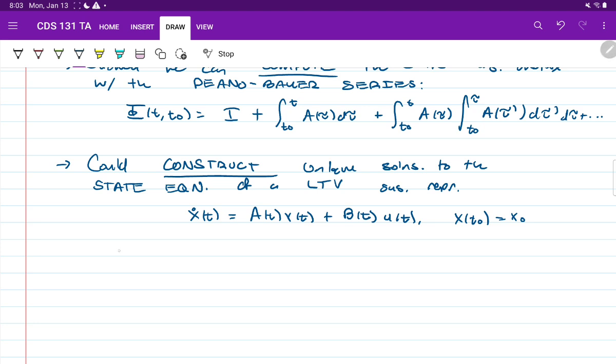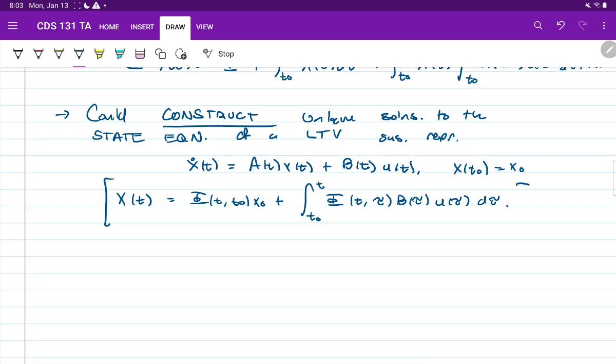In particular, the solution evaluated at time t is given by phi of t comma t naught times x naught plus the integral from t naught to t of phi of t comma tau, B of tau, u of tau, d tau. This gives us the unique solution.